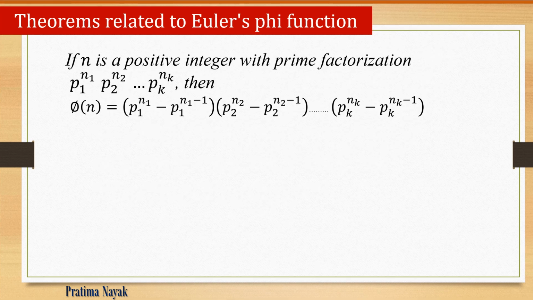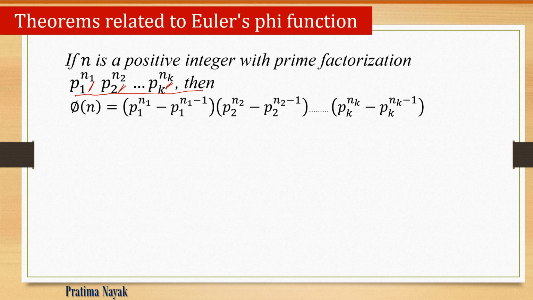So next is another theorem. For bigger or complicated numbers, we can use this one. If n is a positive integer with prime factorization p1 power n1, p2 power n2, up to pk power nk, then phi of n can be written individually.